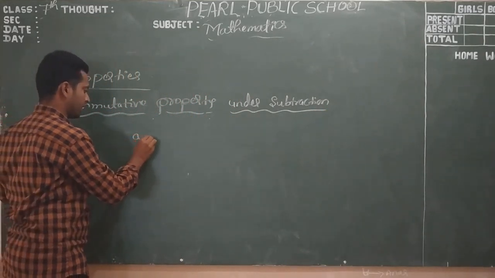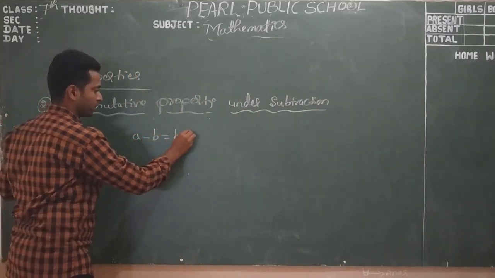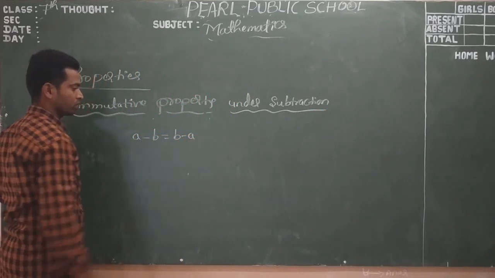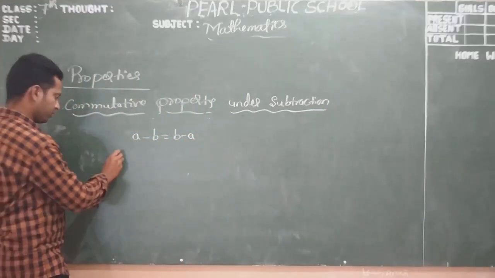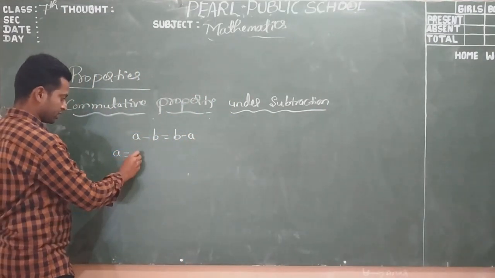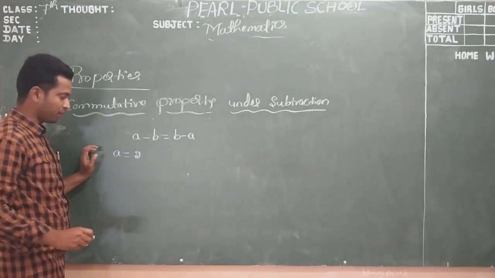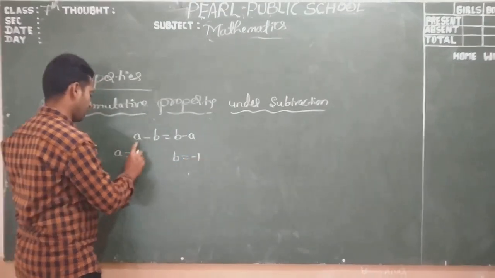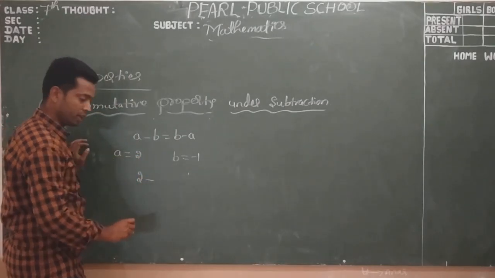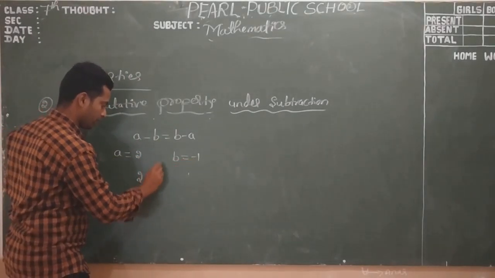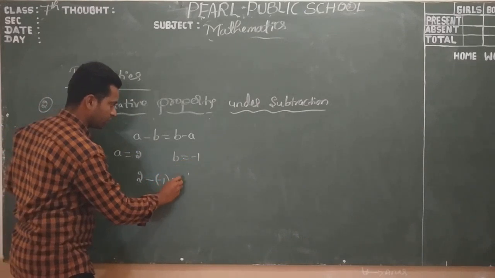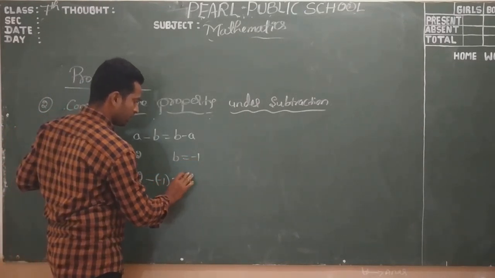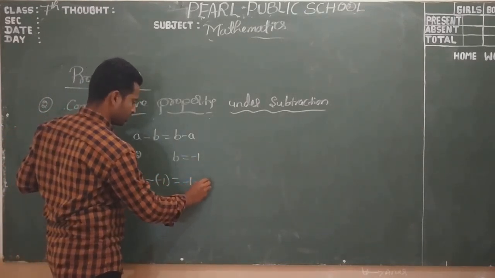If I write a minus b equals b minus a, suppose I take integers as in the previous example: a equals 2 and b equals minus 1. So a is 2 and b is minus 1.